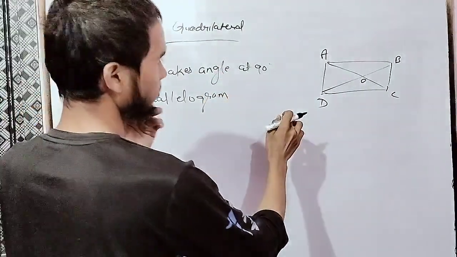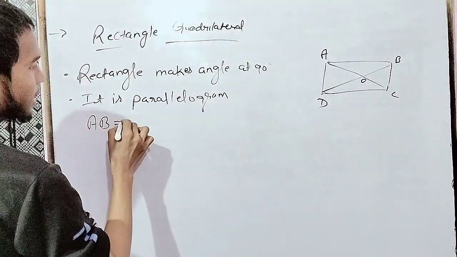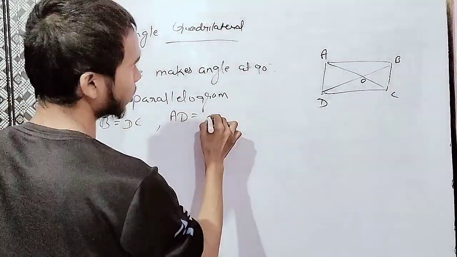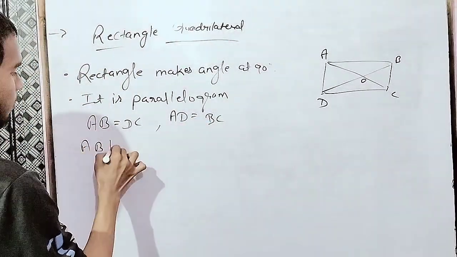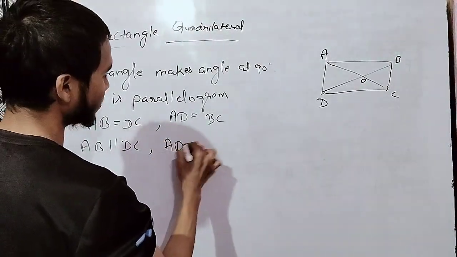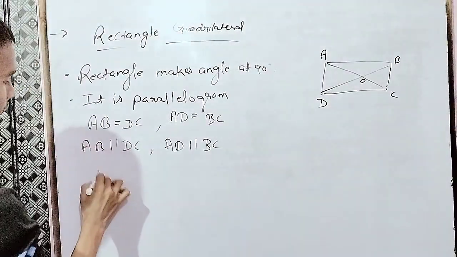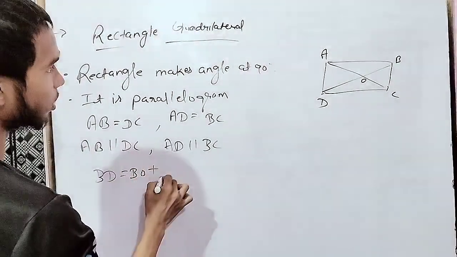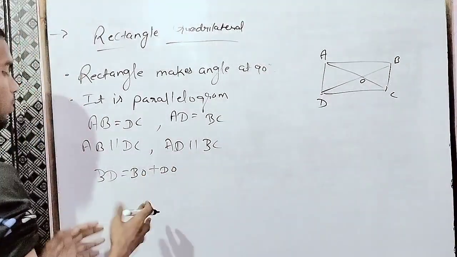We can say AB is equal to CD, whereas AD is equal to BC. AB is parallel to CD, and AD is parallel to BC. BD is a diagonal in which BO is equal to OD.